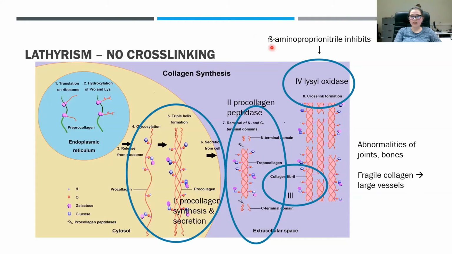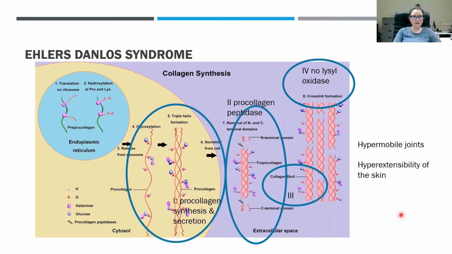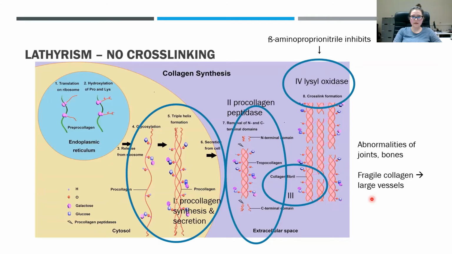Sometimes if the food is contaminated, these animals cannot cross-link collagen fibrils, so you have separate triple helices of collagen that are not cross-linked, and this leads to abnormalities of joints, bones, fragile collagen, and too large vessels. So this was inhibition of lysyl oxidase.